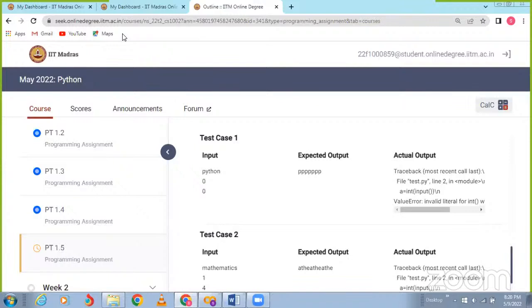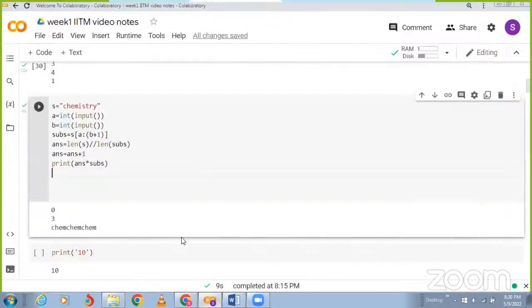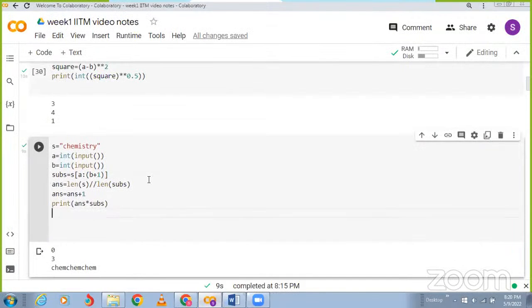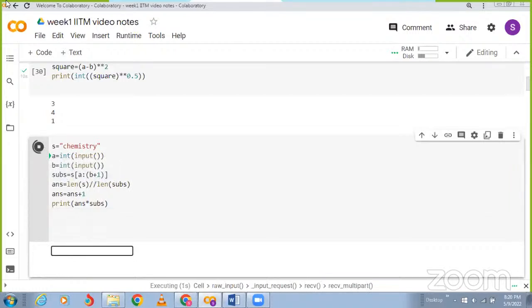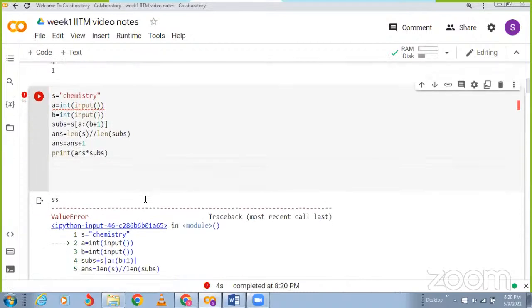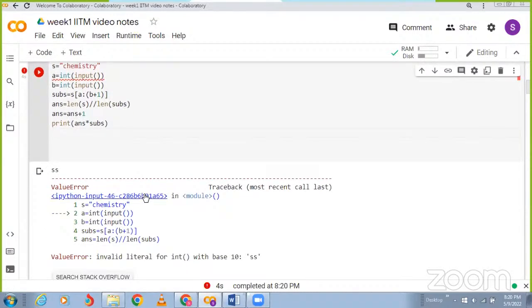You would have given the value of A and the value of B as input. If you try to run it and give the first input as Python, it will throw you this value error. Is it clear what was happening? Okay, thank you.